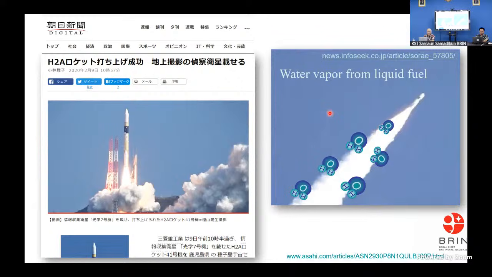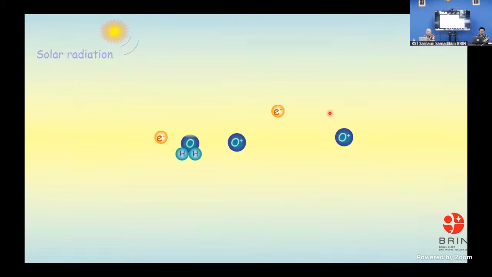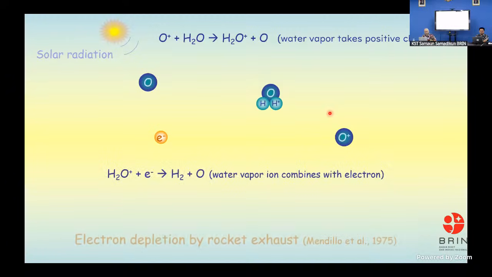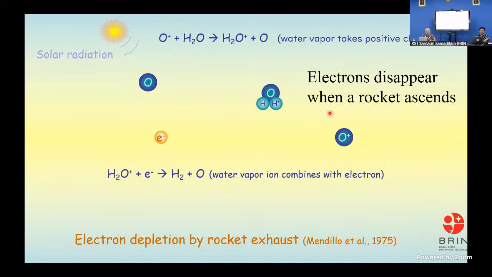But if you bring a huge amount of water vapor to the ionosphere, something strange occurs. So, for example, H2O is coming from the rocket, and it will get a positive charge from the oxygen ion. Then it will connect with an electron. And so this is a typical chemical reaction that occurs in the ionosphere.